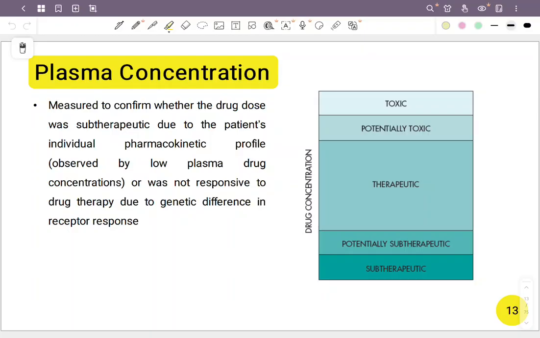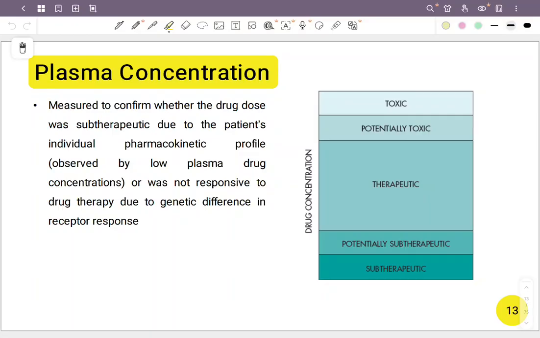Then, another is it also tells us, or it is important to monitor therapeutic levels of our drug. Then, another is it is important for dosing. Then, itong plasma concentration, this is very important to study our pharmacokinetics. And another is it is studied to detect drug interactions or issues. So, yun yung use ng plasma concentration natin.